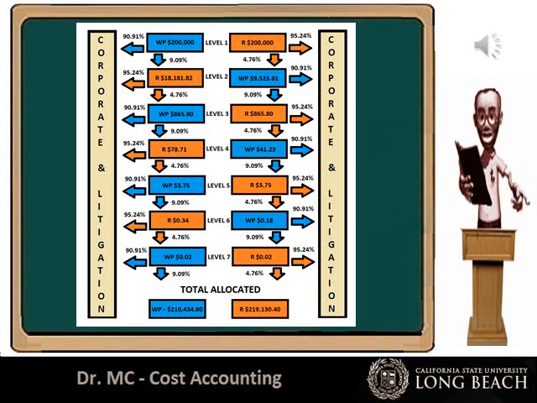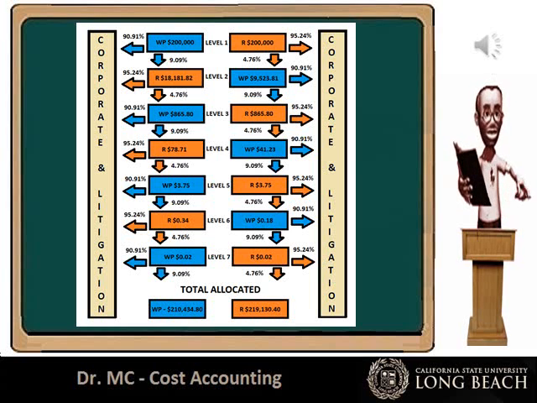After the sixth round of allocations, word processing finds that it has 2 cents of additional costs to allocate to the departments that it serves, and recruiting also has 2 cents of additional costs that it must allocate as well.